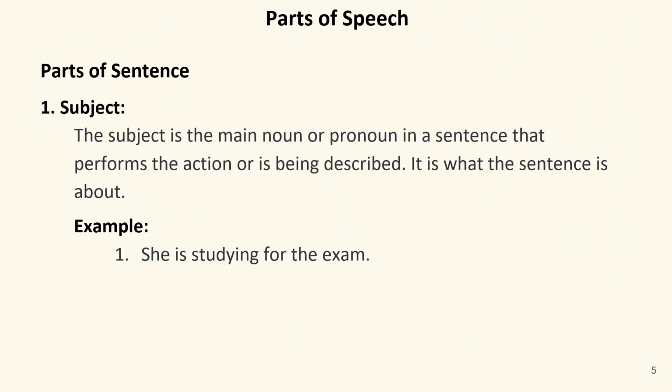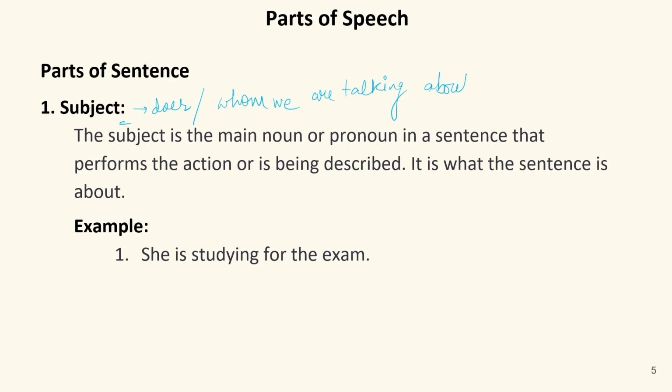So first we have subject. Subject is the main noun or pronoun in the sentence that performs the action or is being described. It is what the sentence is about. Subject is actually the doer of the action, the one who performs the action or a person whom we are talking about. This we will discuss in the next chapter in detail.